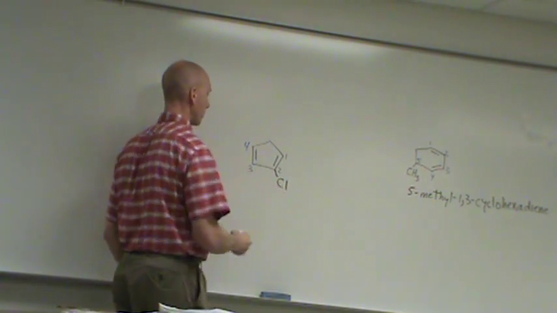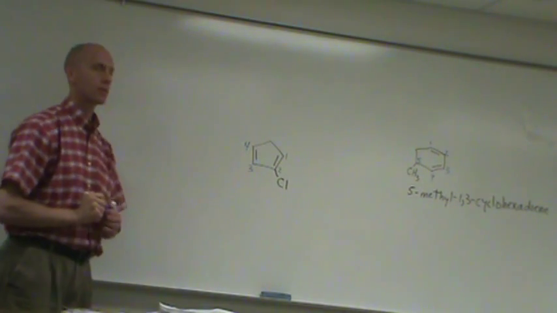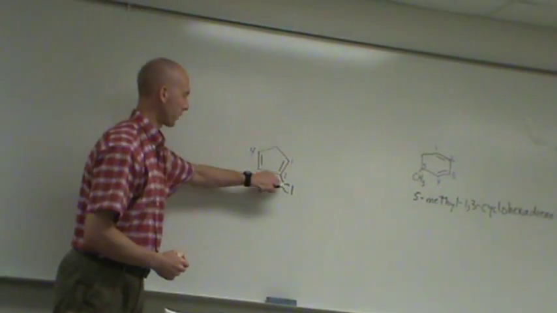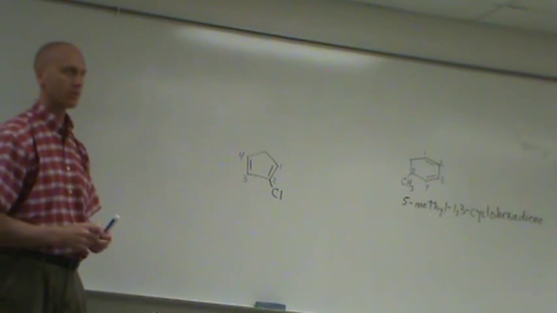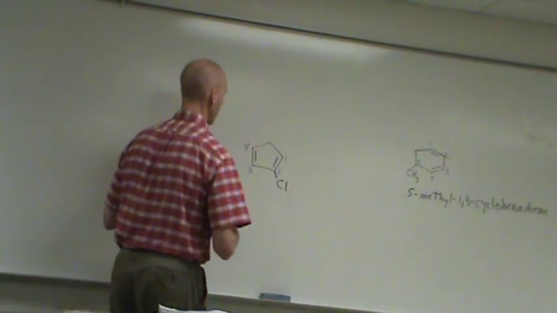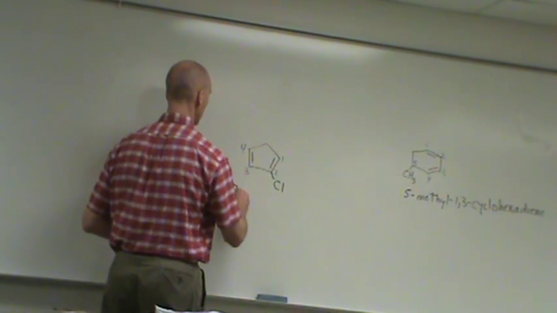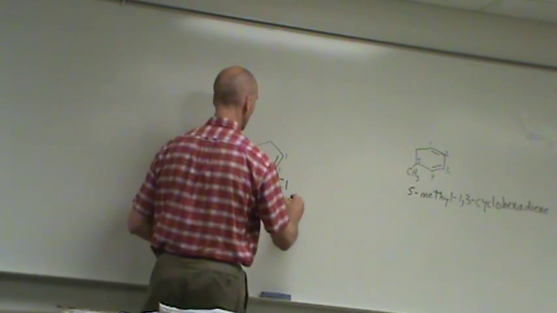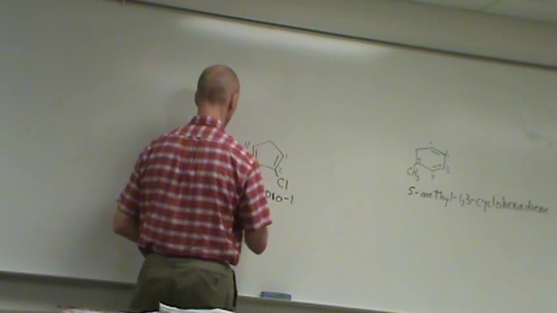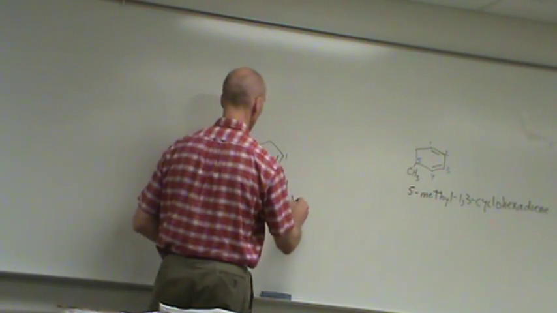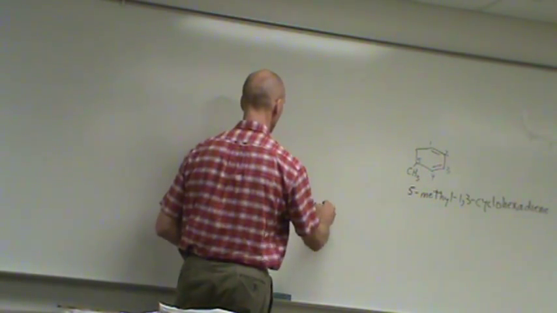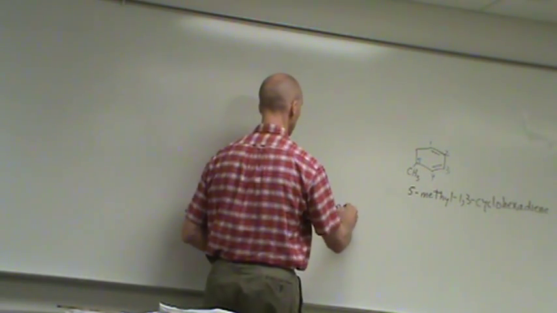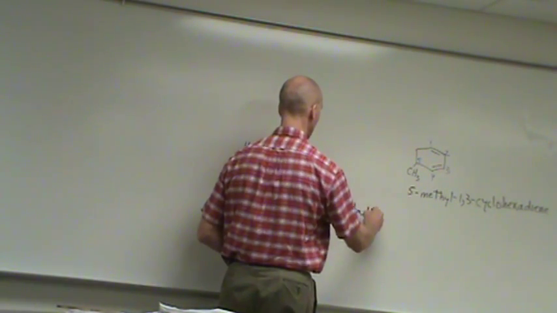Okay, because that puts the chlorine at a smaller number. If I would have started here, I'd make chlorine 3. So here, I get 3-chloro, 1,3-cyclopentadiene.